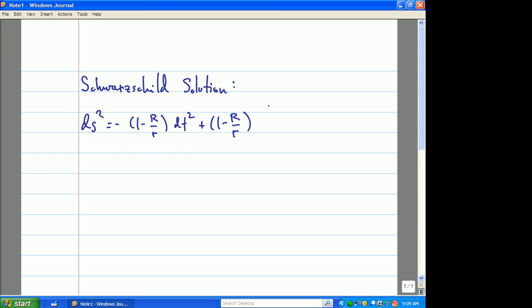The Schwarzschild radius, capital R here, is the length scale which sets the typical scale of curvatures in the Schwarzschild geometry, and is equal to twice Newton's constant times the mass of the object.